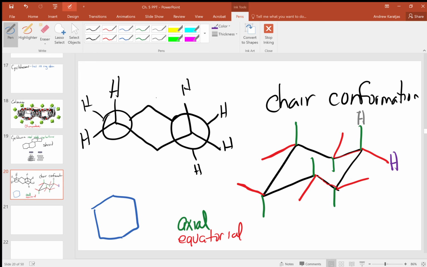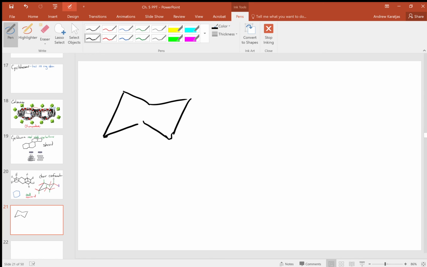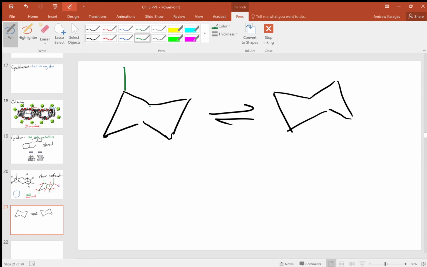But if they're not equivalent to each other, why is it that the gray and purple hydrogens come off as the same peak in NMR? Well, it turns out that unless we have certain substituents on our cyclohexane ring, cyclohexane can undergo what's called a chair flip. And you can actually do this with your model kit.